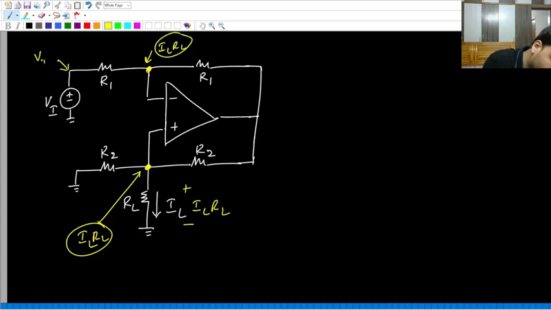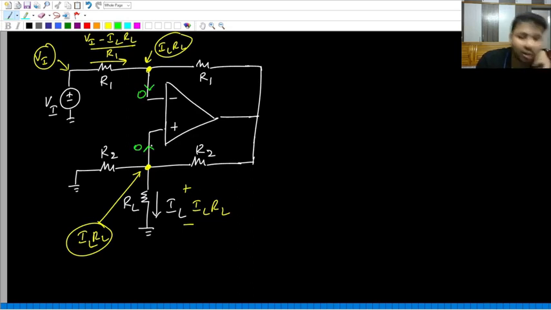What is the voltage at this point? It is Vi. What is this current? Left side minus right side divided by R1, which is Vi minus IL RL by R1. For an ideal op amp, the two input currents are equal, and because this current is 0, this entire current will flow through the other R1 from left to right.